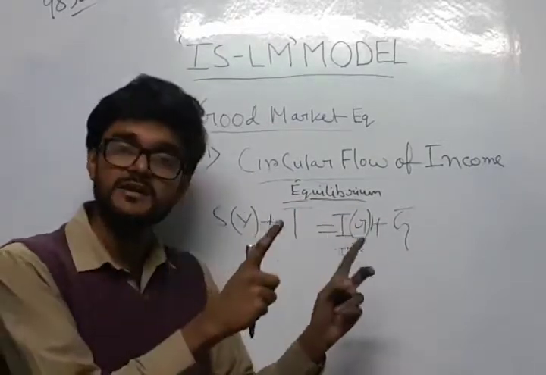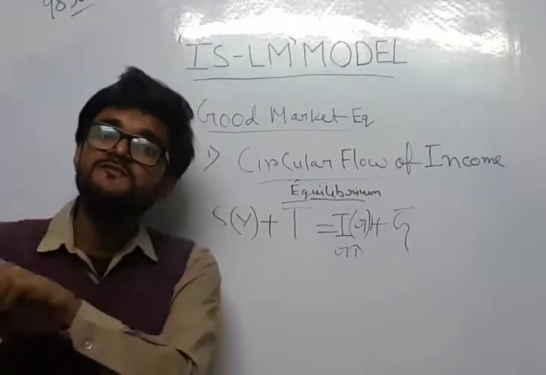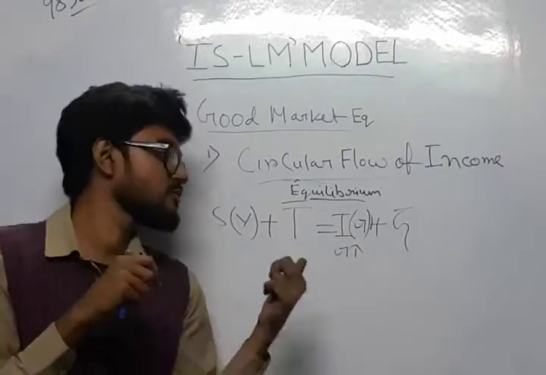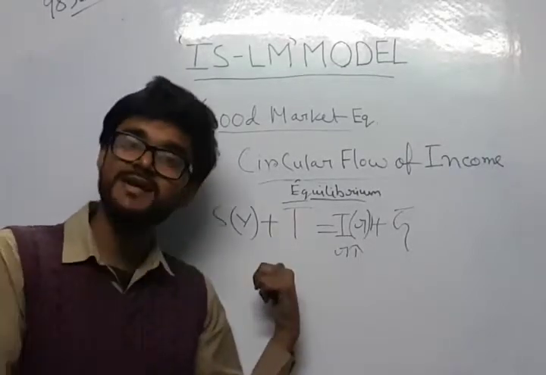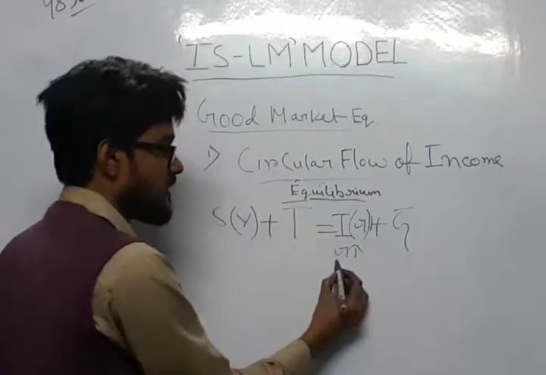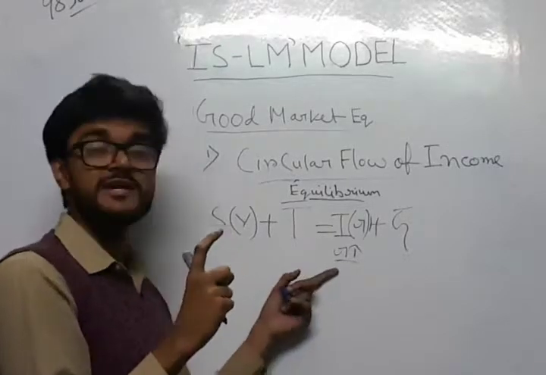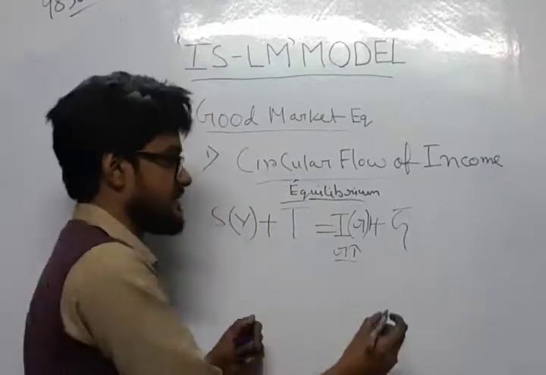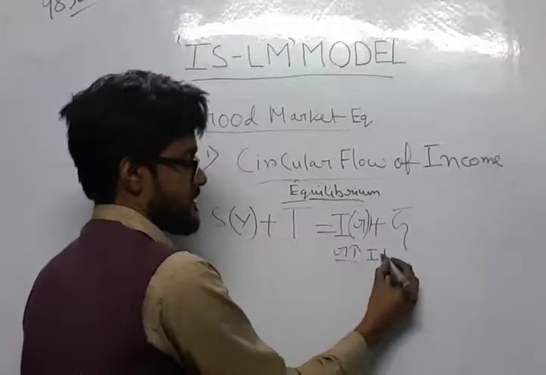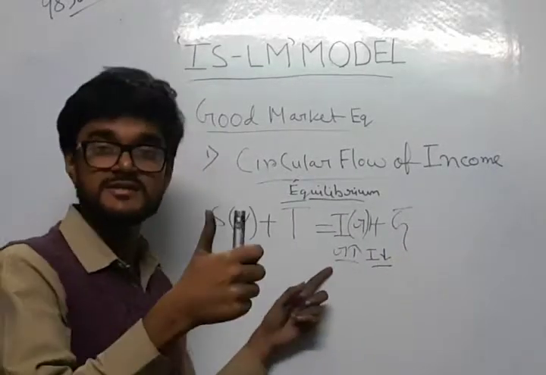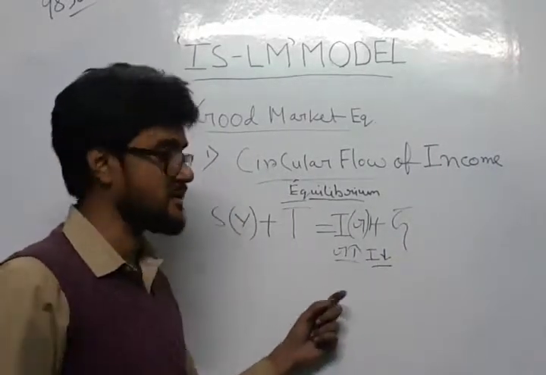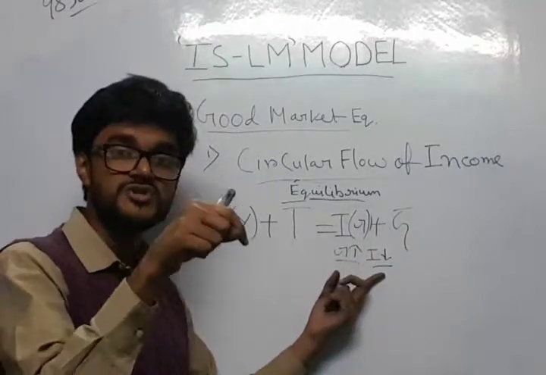So it is quite expected that their propensity to invest will also go down as their cost of borrowing, which is interest rate, has gone up. So here we can see an inverse relationship between R and I. That is, when R increases, the investment goes down.